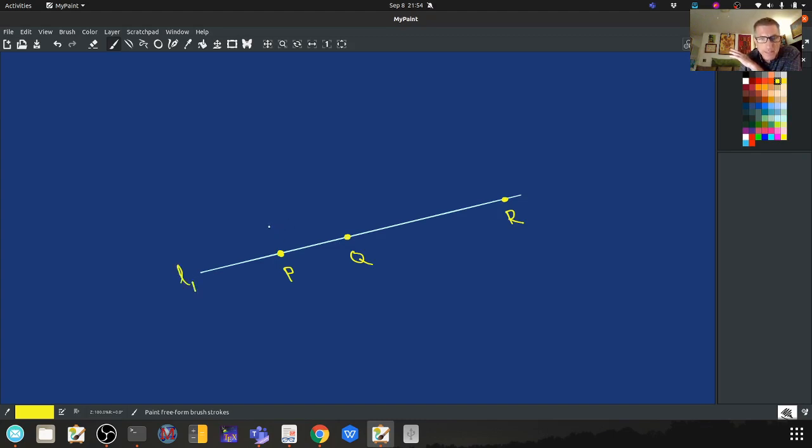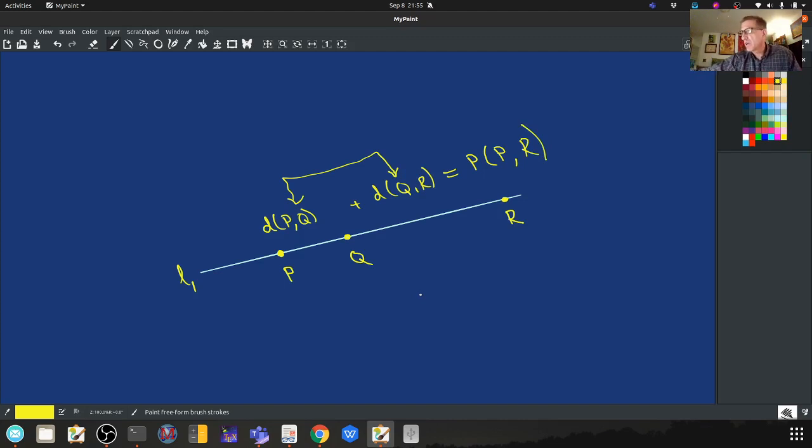If the distance between P and Q plus the distance between Q and R, so notice they share that point right there, Q, is equal to the distance between P and R. So that's the formula we're going to use to decide if points are collinear.